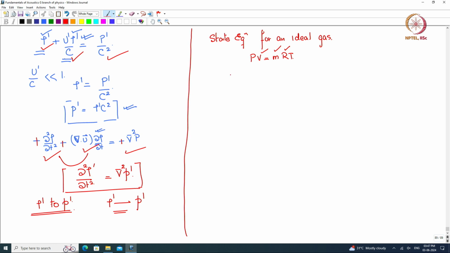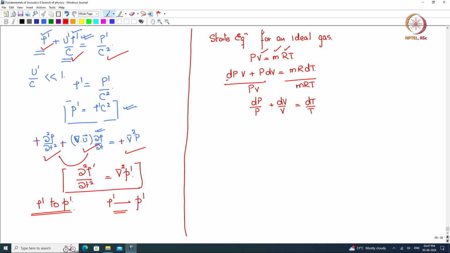Now if we take the differential, what I get is dP V plus P dV is equal to mR dT. If I divide the left by PV and the right by mRT, I get dP by P plus dV by V is equal to dT by T.